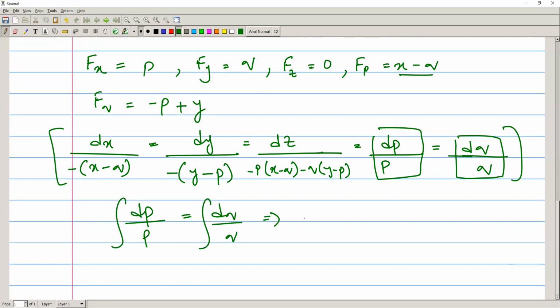So this implies that ln p is equal to ln q minus ln c. If we apply the property of log, we can write it as p is equal to c times q.